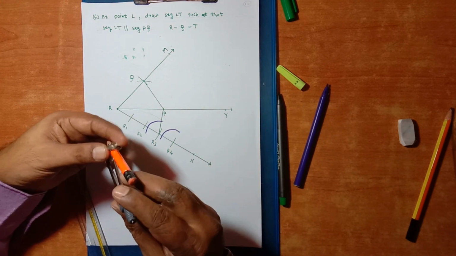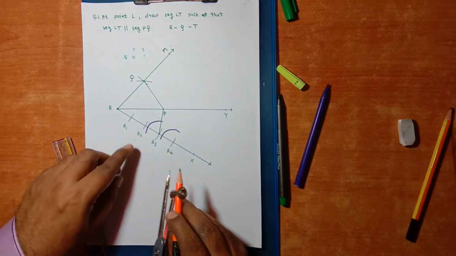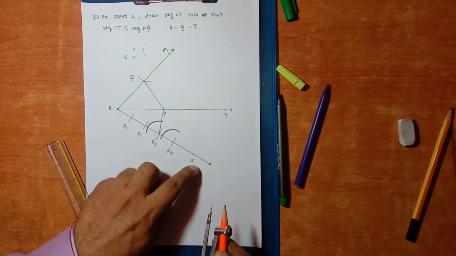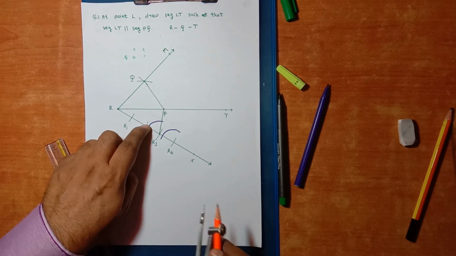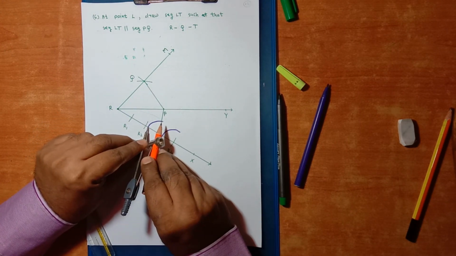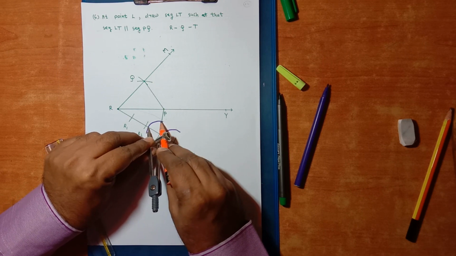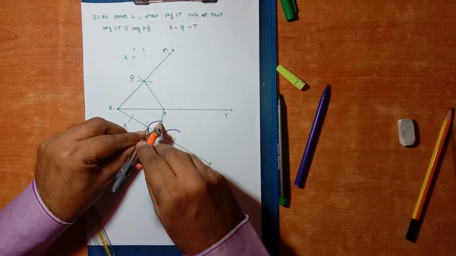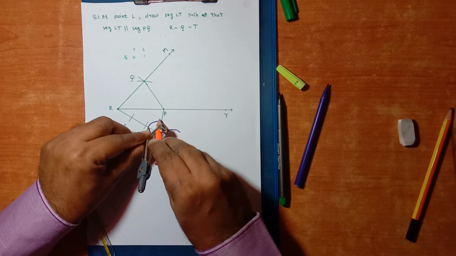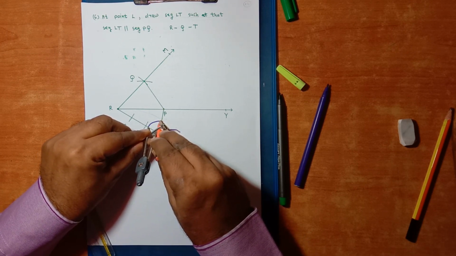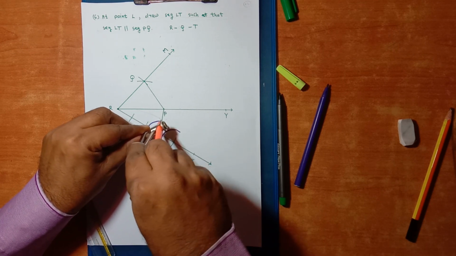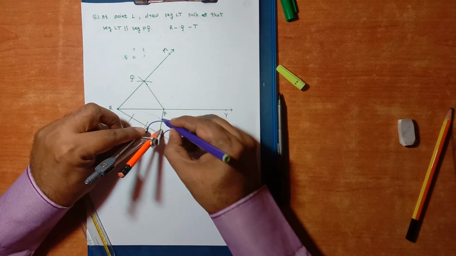Now I will keep steel point at the point of intersection of ray RX and this arc, and I will keep the tip of the pencil on the point of intersection of segment R3P and this arc, and I will draw an intersecting arc. They intersect like this.